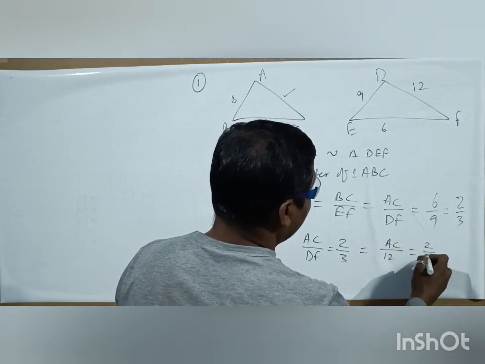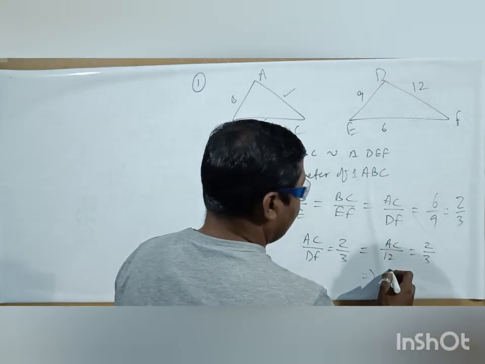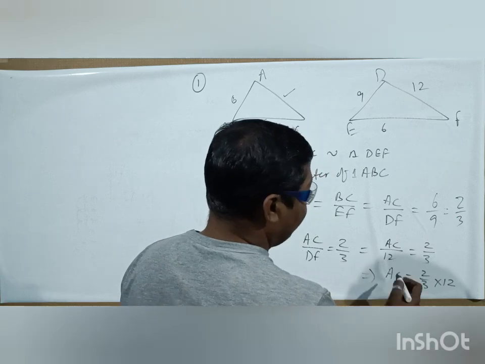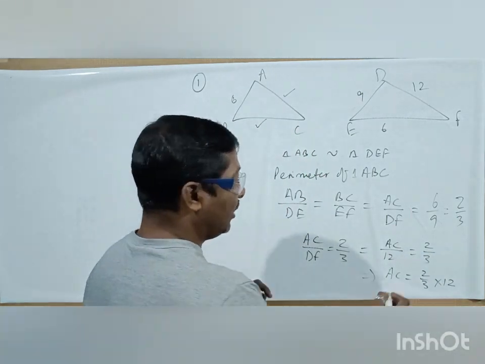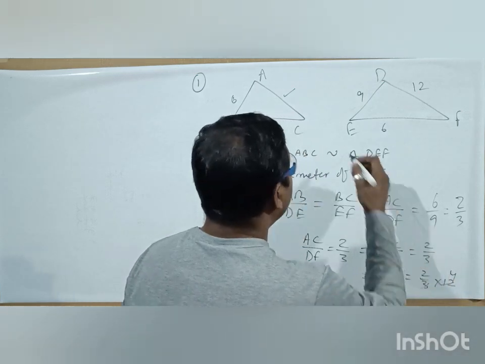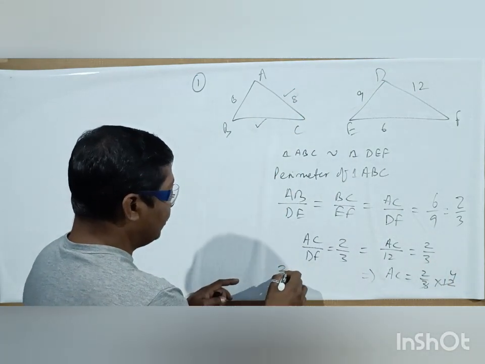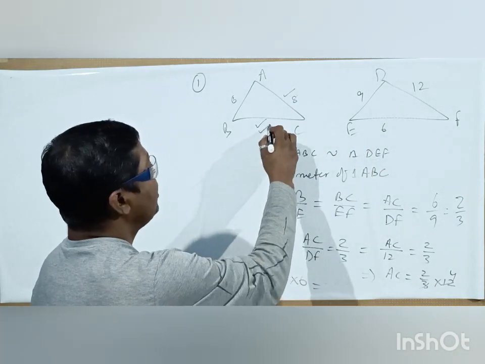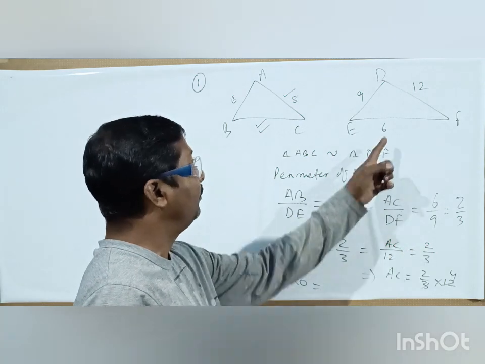So AC will be 2/3 of 12, which is 8. Similarly, BC will be 2/3 of 6, because AC is 2/3 of 12.